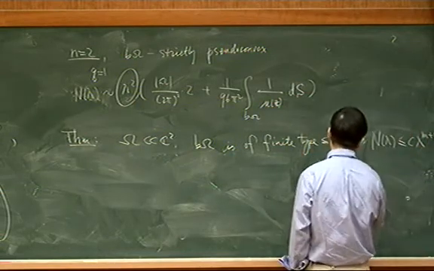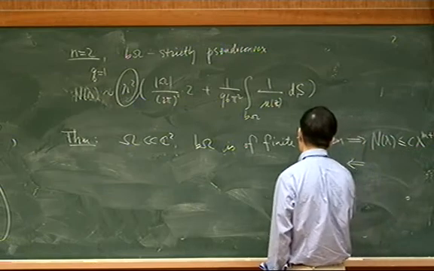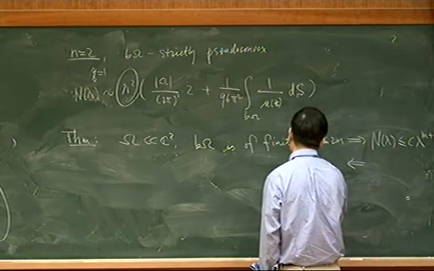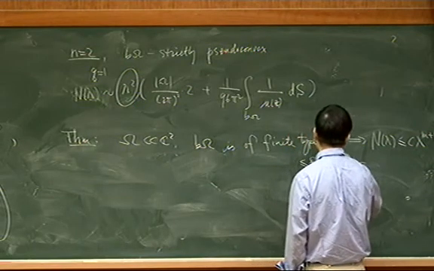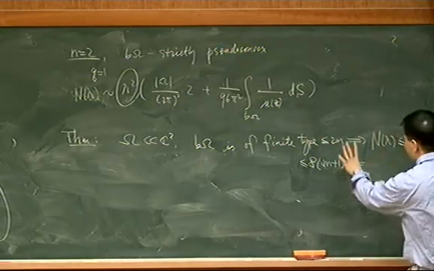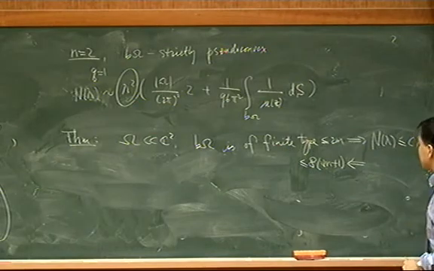And conversely, if you have this, then the finite type is less than 2m plus 1. We don't have an if and only if in this direction of estimate.